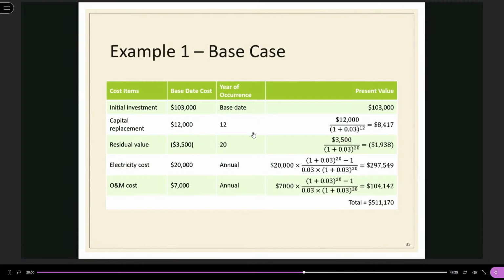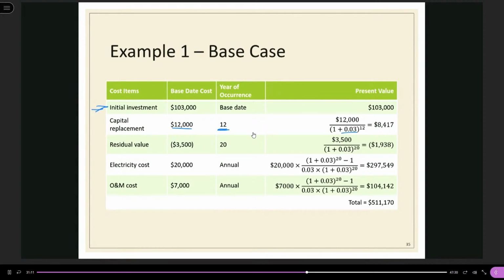So for the initial investment, we need to pay on day 1. So this is already the present value. And for the capital replacement, it will happen at the end of the 12 years. And the real discount rate is 3%.